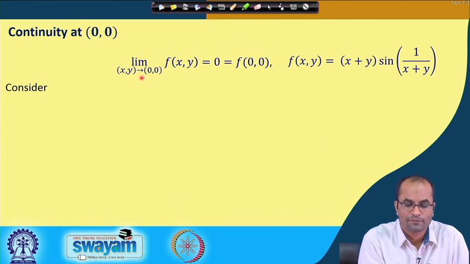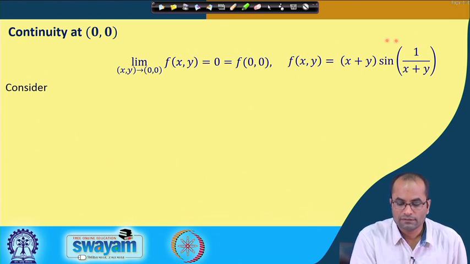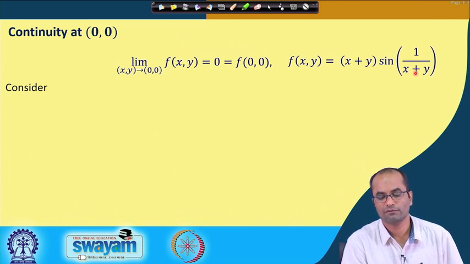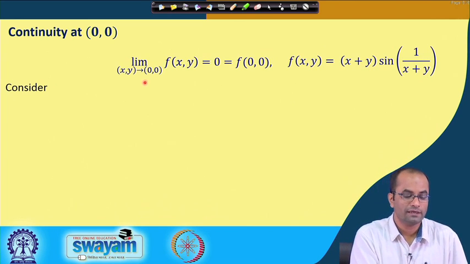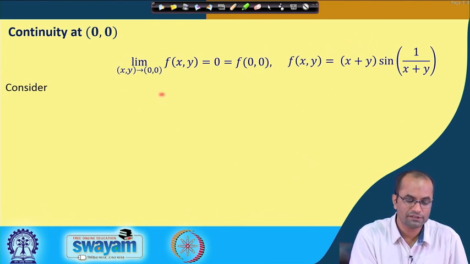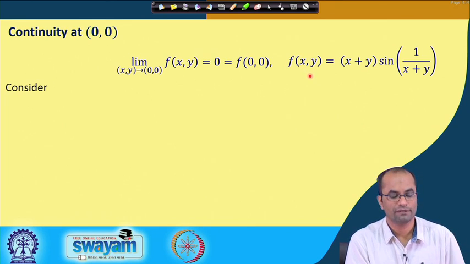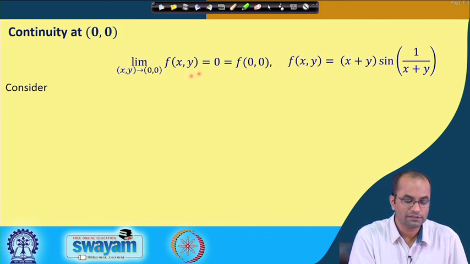So, we have this function here, f(x, y) is equal to (x plus y) sin 1 over (x plus y), and we want to show for the continuity that if we take the limit as (x, y) goes to (0, 0) of this function f(x, y), then this limit is 0.